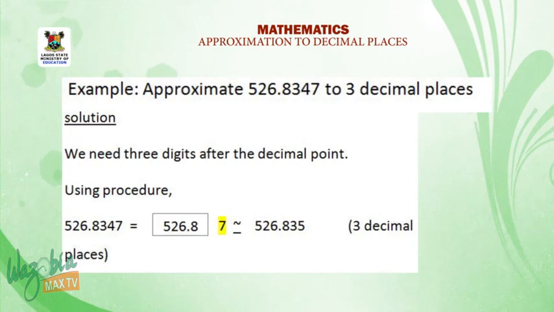This means that we need 3 digits after the decimal point. So as we have done before, the 3 digits are 8, 3, and 4. However, 7 is greater than 5, which means we round up. It becomes 1, and that 1 is added to 4, which means our final solution is 526.835.